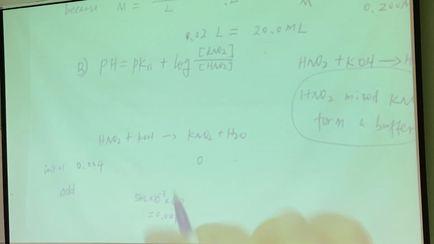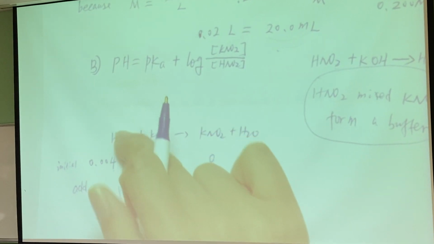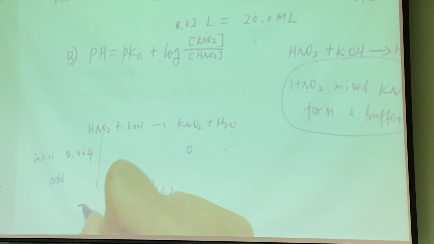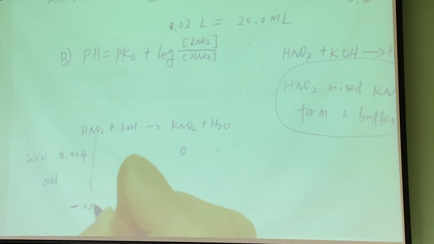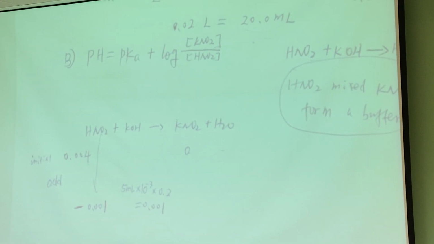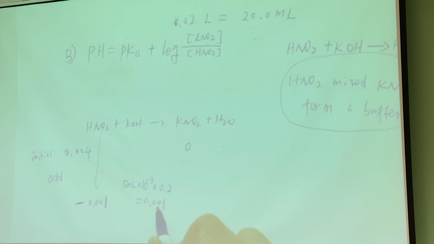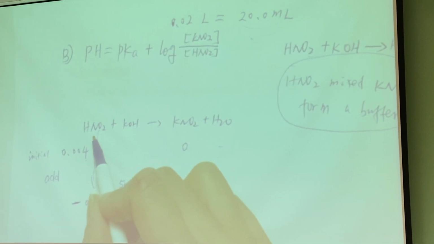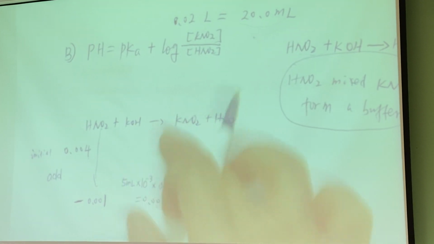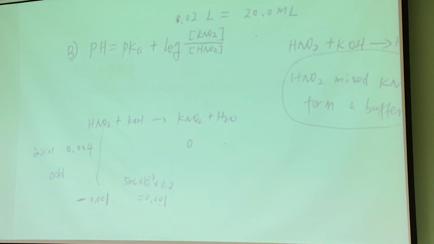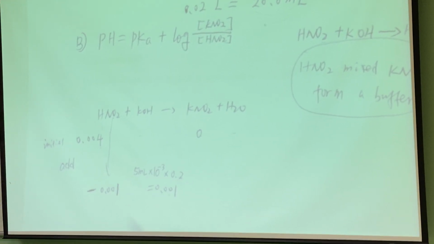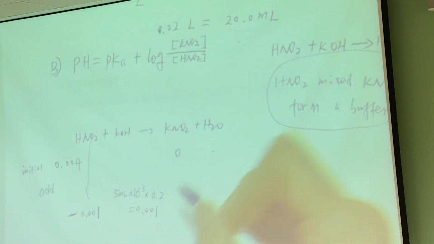When you add this, the acid will react with this base, right? So then you are going to react 0.001. Because the base you add will react with the acid, right? We discussed this before, remember how to determine the pH change when you add a small amount of potassium hydroxide, right? So here 0.001 is what you add.